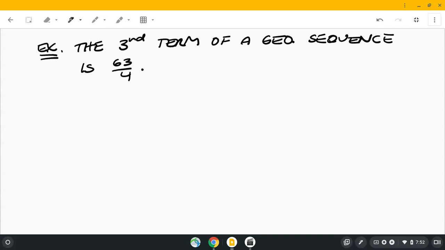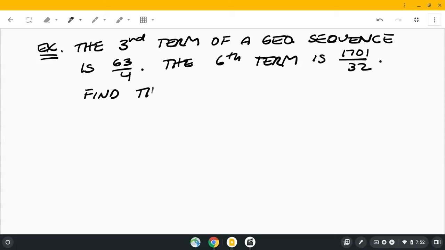The sixth term is 1,701 over 32. Find the fifth term. All right, so not as straightforward. This one requires you to really think about what you have.